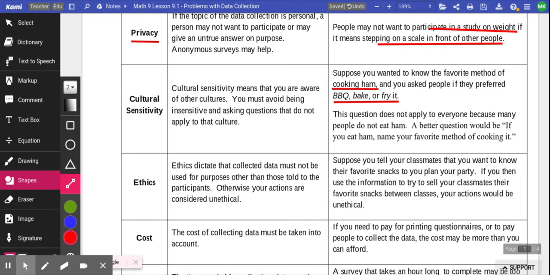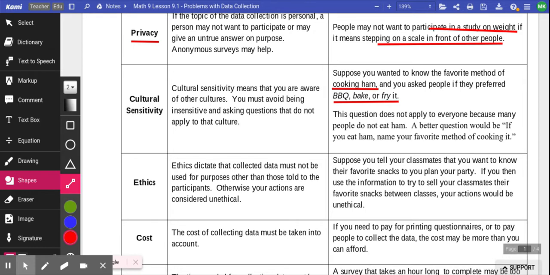In some religions, for instance, eating ham is just not acceptable. Maybe their culture is more vegetarian too, so that could be a cultural belief of theirs, of a certain area of people or something like that. Maybe someone just doesn't want to eat ham. But because you've asked them, what's your favorite way to cook ham, you never gave them the opportunity to say that they don't eat ham.